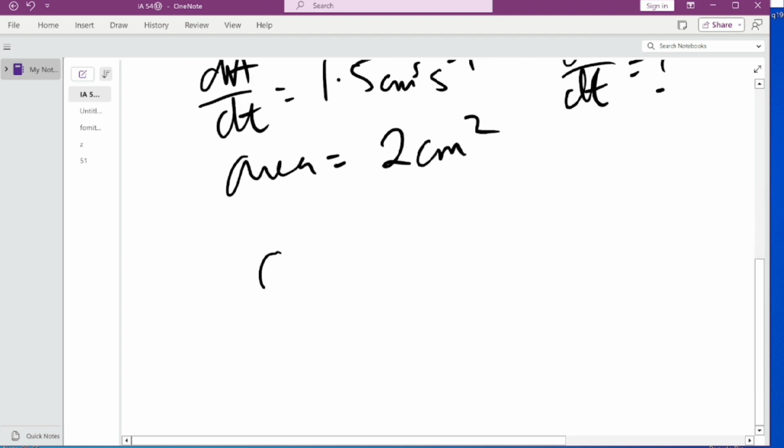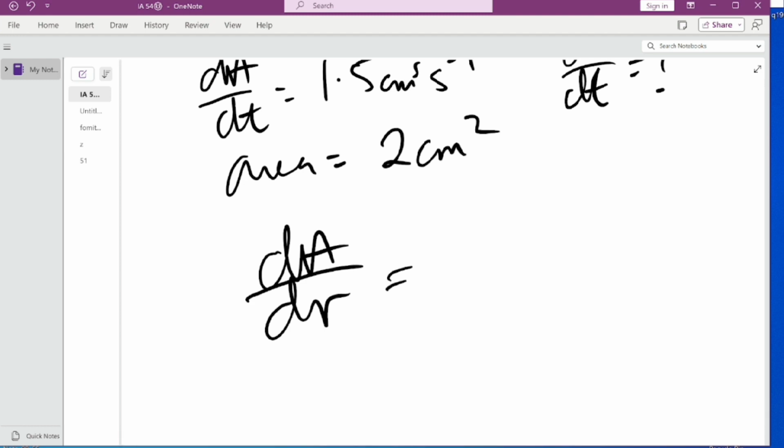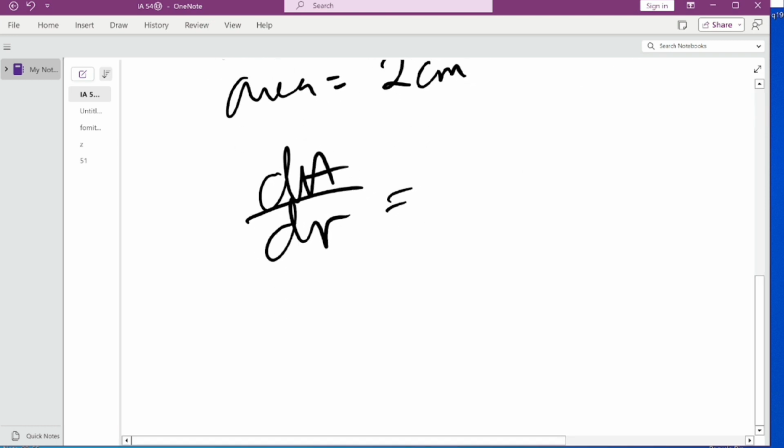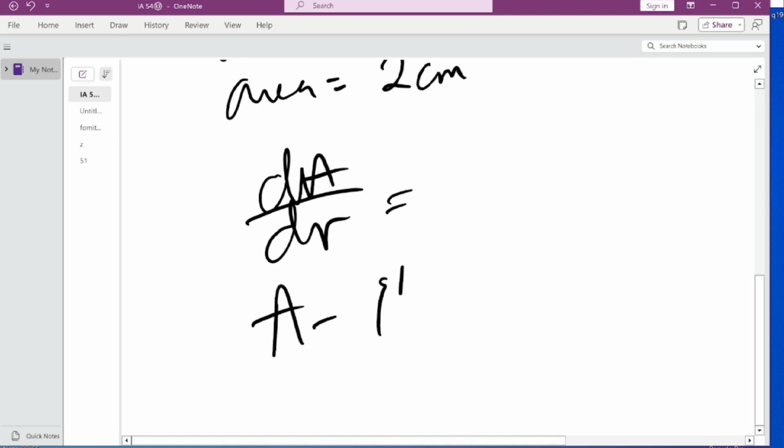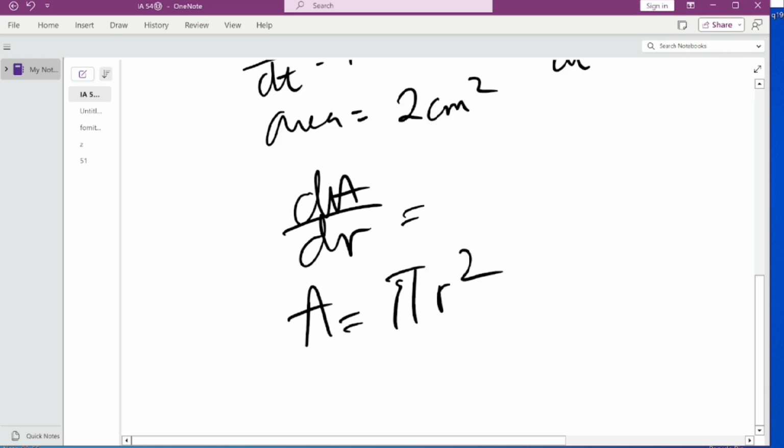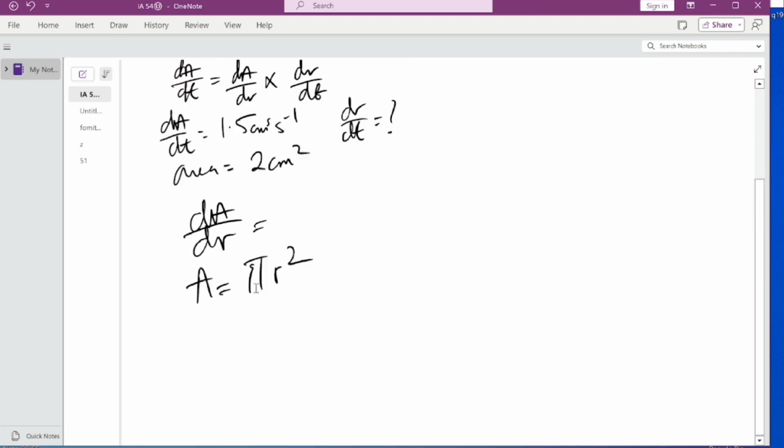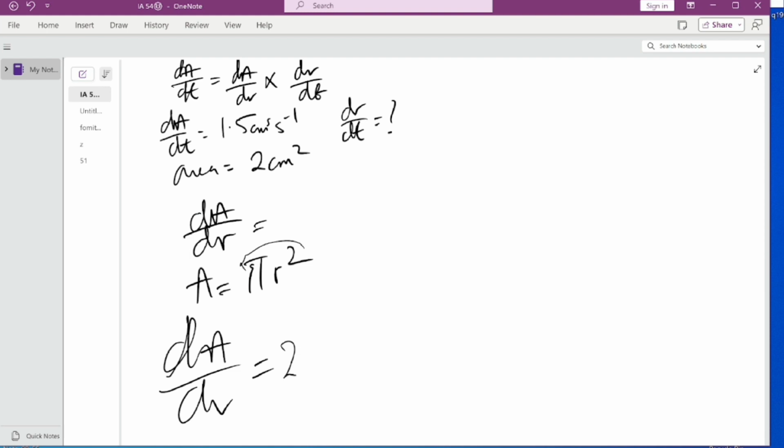Now to get our dA/dr, which is derived from differentiating the area. The area of a circle is pi r squared, and differentiating, where the pi is a constant, dA/dr will be, you take the 2 to the front as 2 pi, then subtract 1 from the 2, which is 2 pi r.